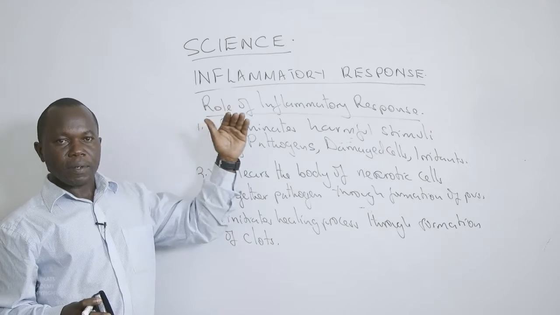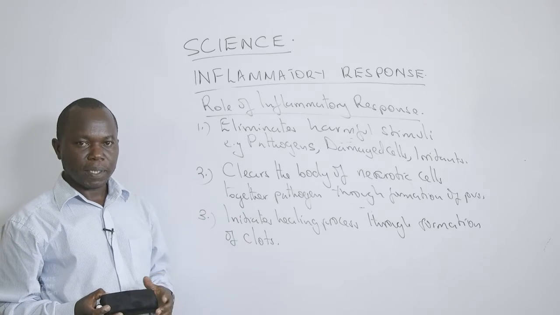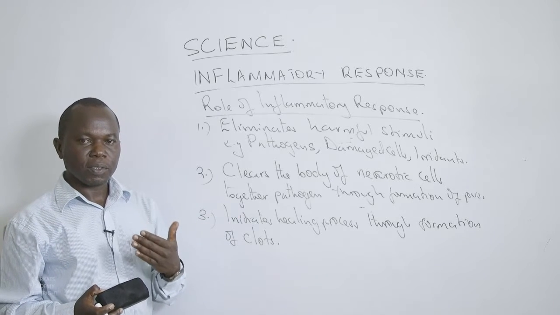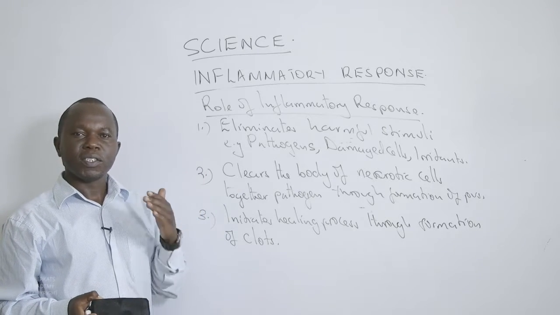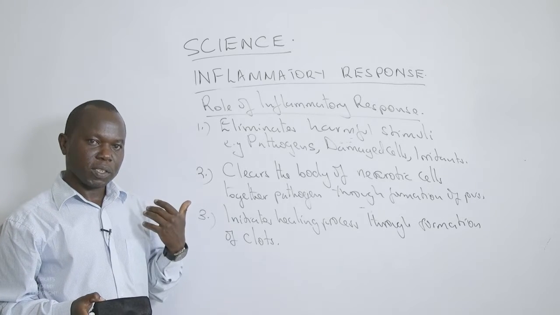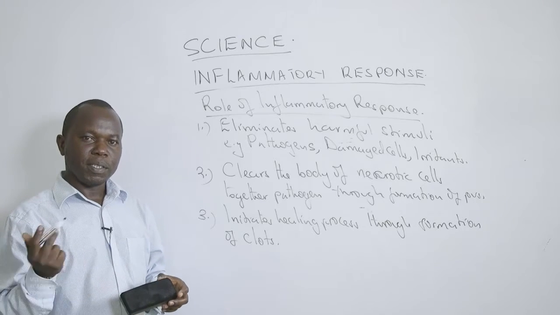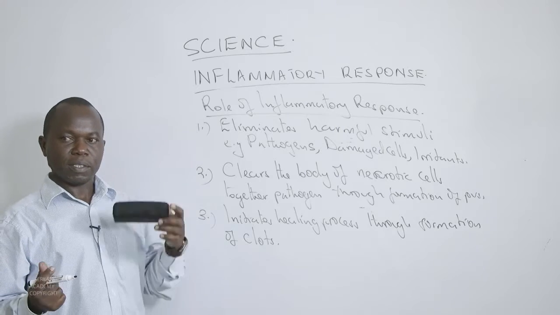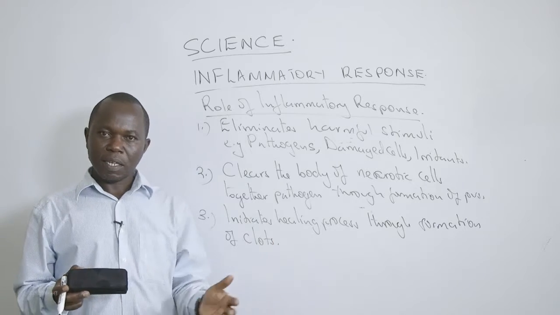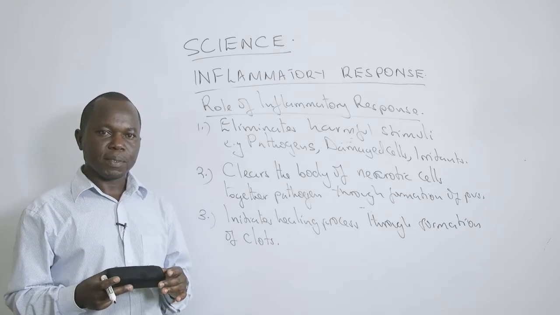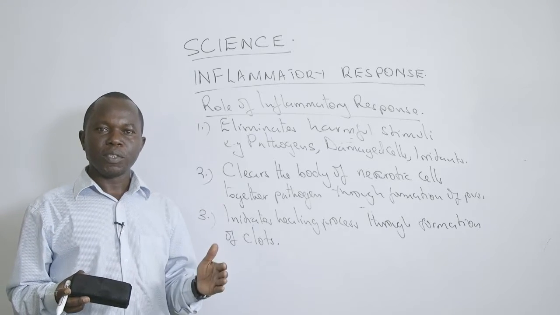So I think we have understood very well how the inflammatory response takes place. What leads to the inflammatory response? For inflammation to occur, we must have a harmful stimulus. That harmful stimulus is exposed to the body, it gets into the blood system, and in the process molecular mediators are released, including histamine, prostaglandins, and bradykinins. We have seen how they are very important, together with stimulation of immune cells.